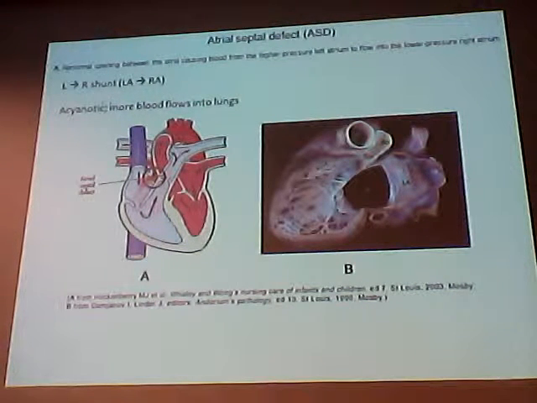Atrial septal defect is a left to right shunt from the left atrium to the right atrium. The septum that's supposed to separate the two atria is defective, so blood can now flow through, and more blood will flow into the lungs. It's acyanotic because we're not deoxygenated anywhere.